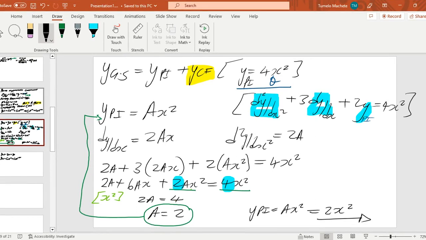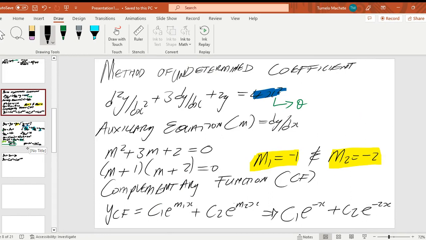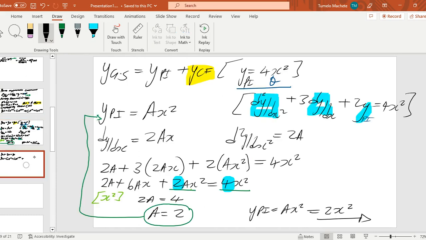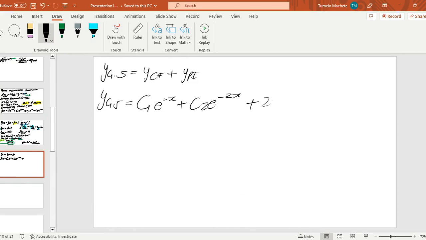Then you combine it with the YPI, which is 2x squared. So you just say plus 2x squared. That's how you find the general solution. This is how you do it.